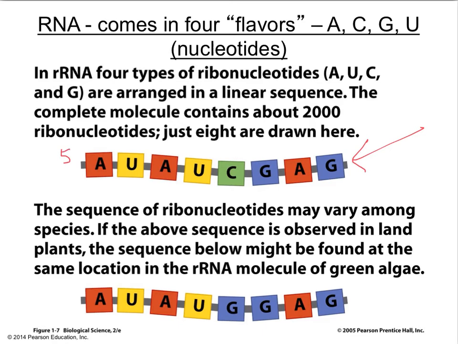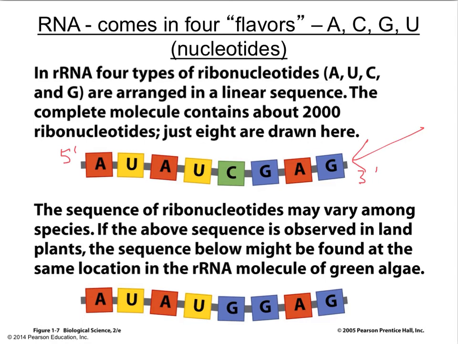And this will become clear to you later. It has a 5' and a 3' end. And so this is how these nucleotides get put together into a string of RNA. And as I said to you, they're what I call 4 flavors, A, C, G, and U, which stands for adenosine, cytosine, guanine, and uracil.